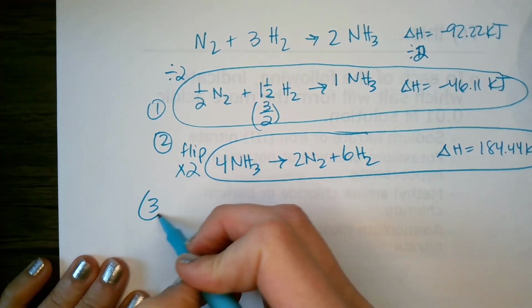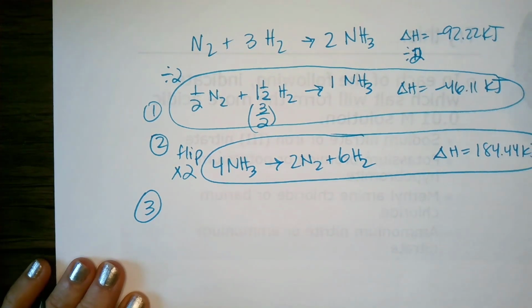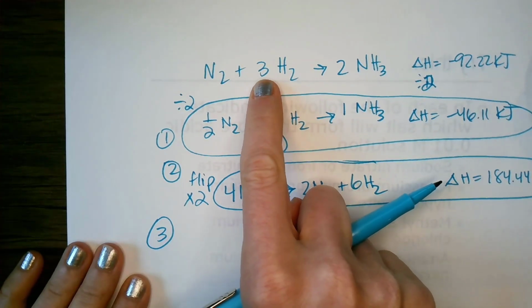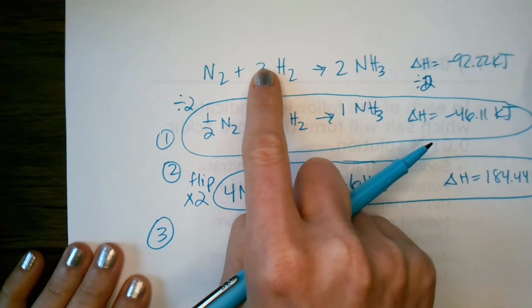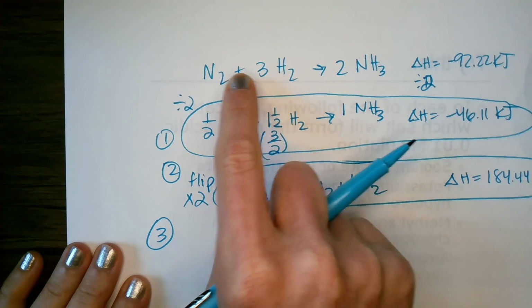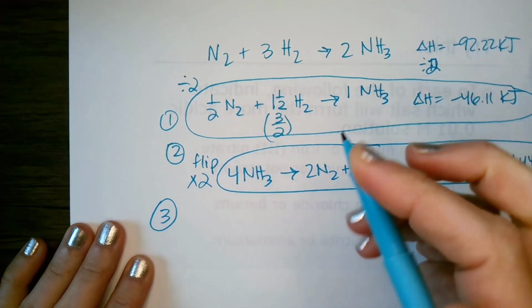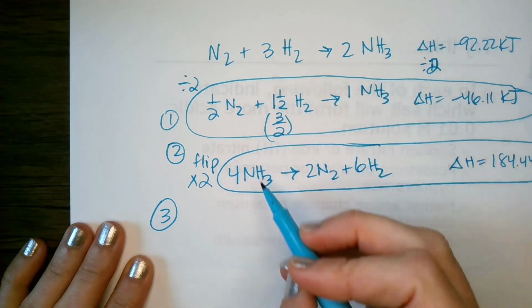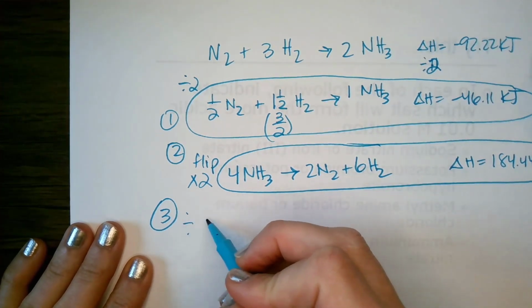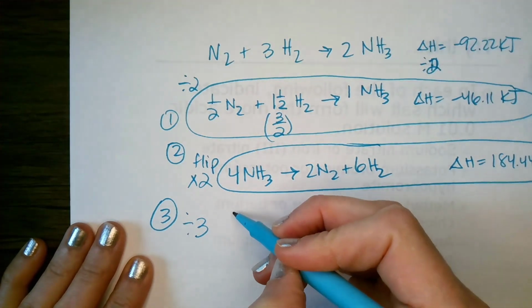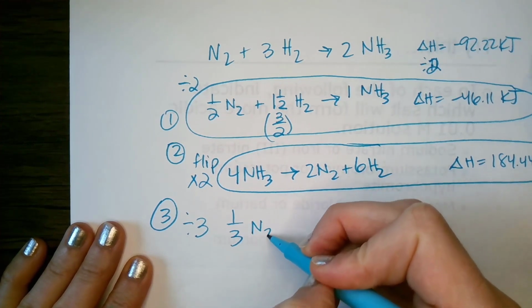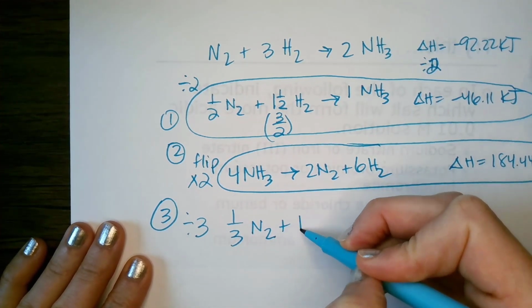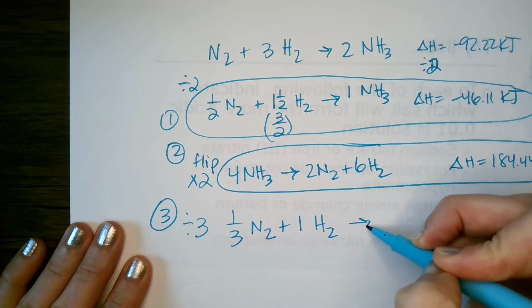And then my third, it says we want 1 mole of H2. So in order to get 1 mole of H2, I need to divide everything by 3, right? 3 divided by 3 would give me 1 mole of H2. So I'm just going to write divide by 3. So I would have 1/3 N2 plus 1 H2.